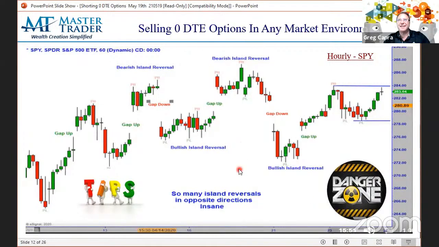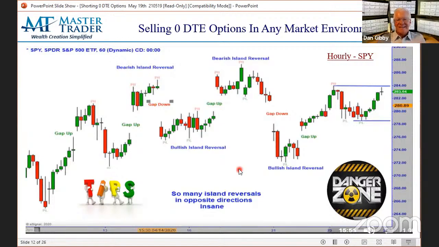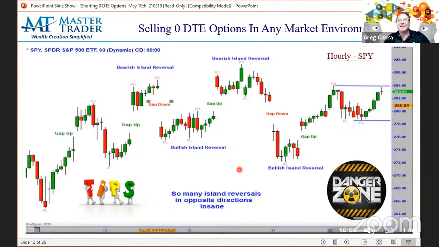Greg's right. So we're trying to pick levels and stay away from that danger zone, which is above resistance or below support. That's the danger zone. And we look at different things, even moving averages, which are subjective. A 50 MA on a daily chart of the spiders is a reference point, and then we utilize actual price reference points.